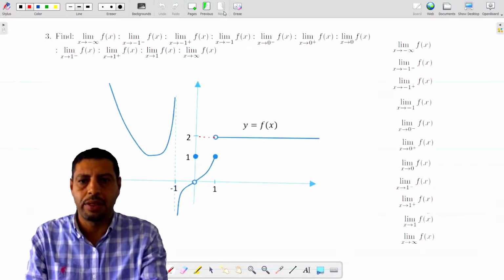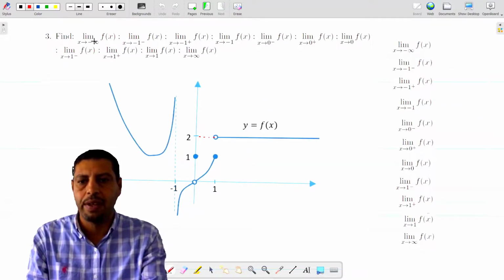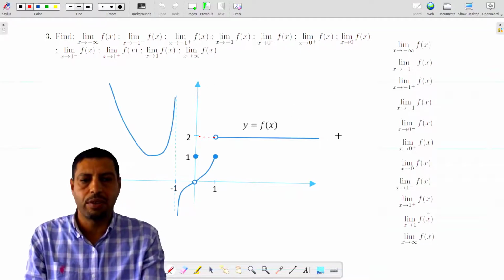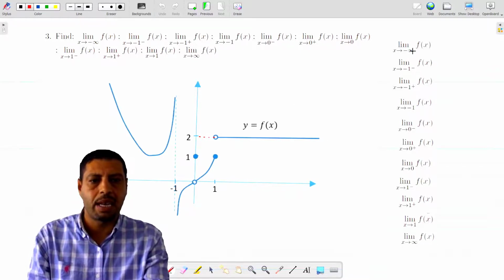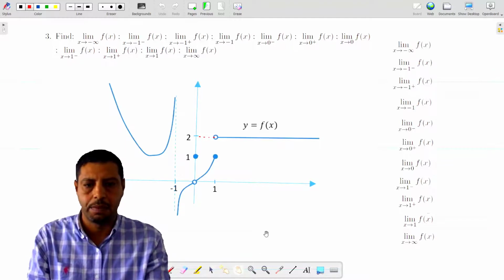Now let's continue with the third example, in which we have the limit at -infinity, at infinity, and the one-sided limits, meaning the limit to the left of 0, to the right of 0, and so on. Let's start with the first one, the limit when x approaches -infinity.